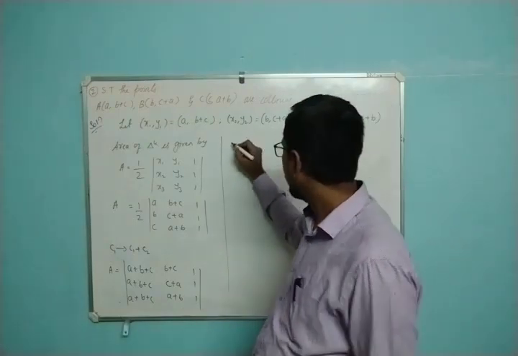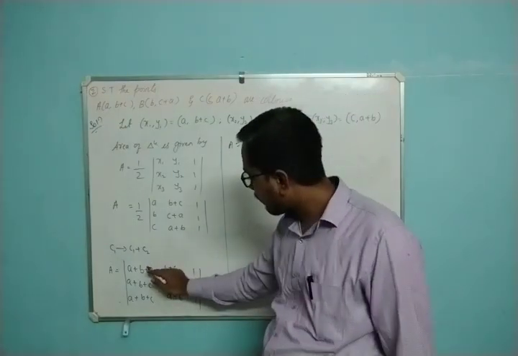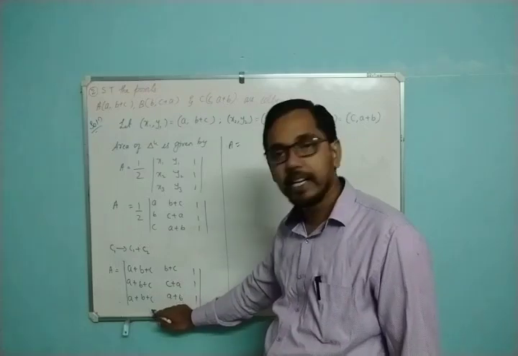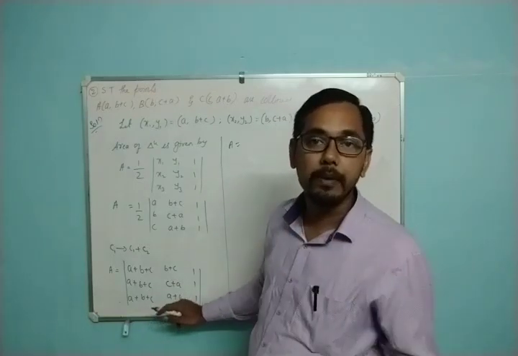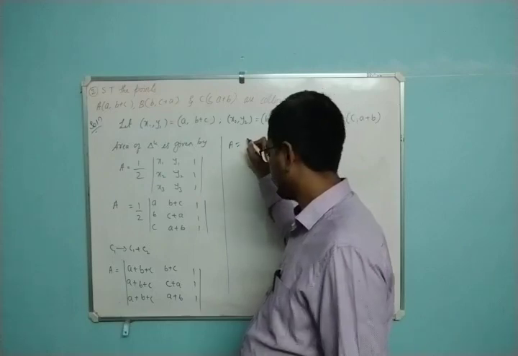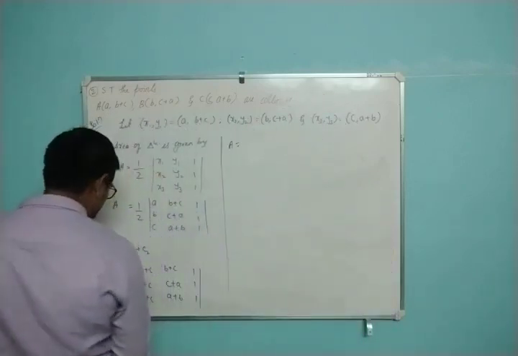Okay, so now here I am having a plus b plus c in all three rows of the first column. So I can take a plus b plus c outside, this half as it is.